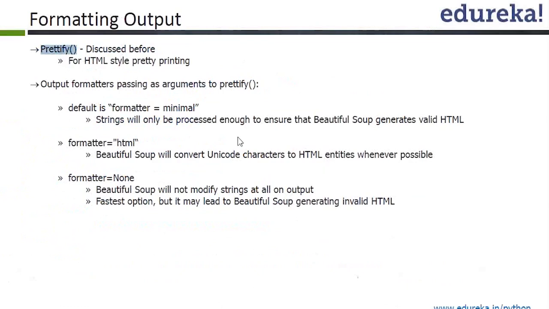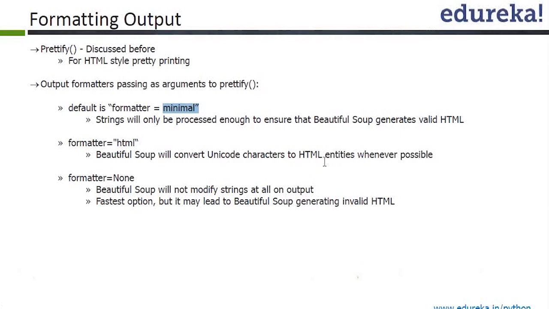Formatting we discussed. Formatter equal to minimal: these are some of the formatters passed as arguments to prettify. The default is formatter equal to minimal, which does minimal formatting of the strings. Formatter equal to HTML: BeautifulSoup will convert Unicode characters to HTML wherever possible. So basically, the slash sign that you saw, those are Unicode characters.